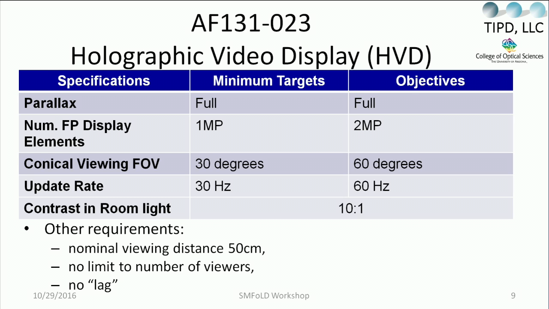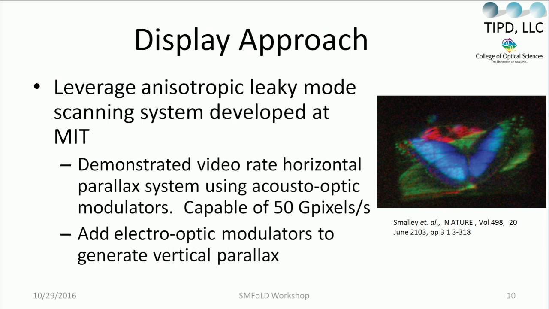And then they just threw in all the other things. You had to be about 50 centimeters, about half a meter, away. You had to have no limit to the number of viewers, so the analyst could be looking at it, and his boss and his boss's boss could all walk up behind him and see things from their particular perspective as well. And no lag. And he also said he wanted it to be the size of an LCD system as well. So just to throw all the things in there.